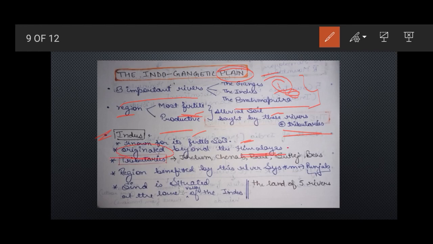Now here I want to ask you one thing: if any one of you knows the exact origin of the Indus river, then please write it below in the comment section. And those of you who don't know the origin of the river, please search it on Google or any other source, because it's also important for exam purposes. That's why I intentionally ask you this question. Now let's move further.